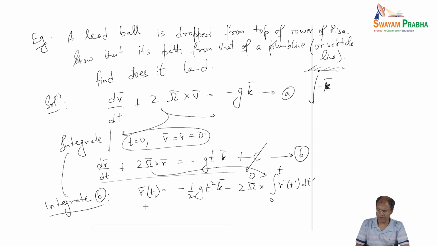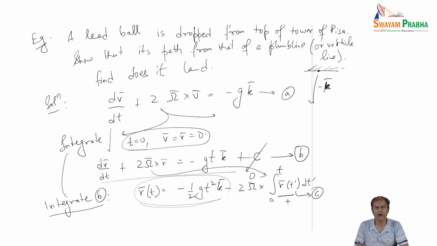Now suppose we did not take into account the Earth's rotation, without the Coriolis effect, the final projectile motion is quite simple to understand, this is a parabolic path. But now due to the Coriolis effect, we have this next integral term which we have to evaluate. Let us call this equation c.